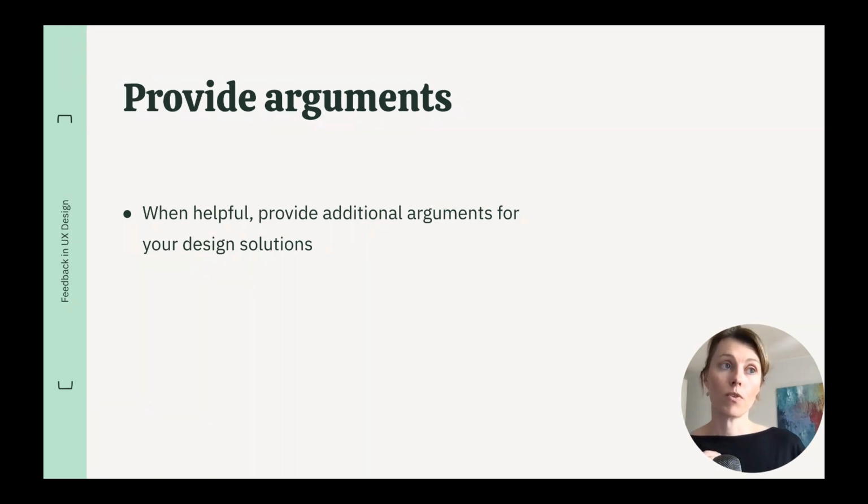Or you can also provide arguments, if you have them, that are data backed, like, I totally see what you're saying with the alternative solution. We tested this actually with users and tested 2 different versions, and this is the version that performed better. So provide arguments where helpful.